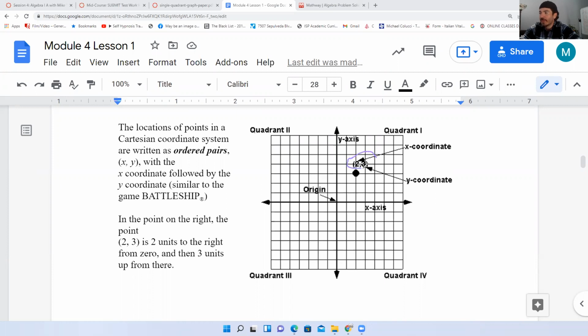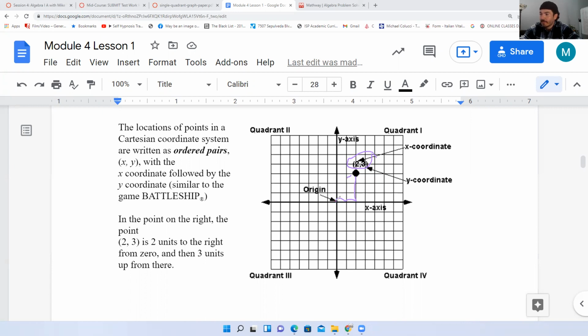So this is the point right here, 2, 3. Okay, this black dot. Here's my origin. I am 1, 2 away from the origin, horizontally, left to right. That's why that first number there is a 2.